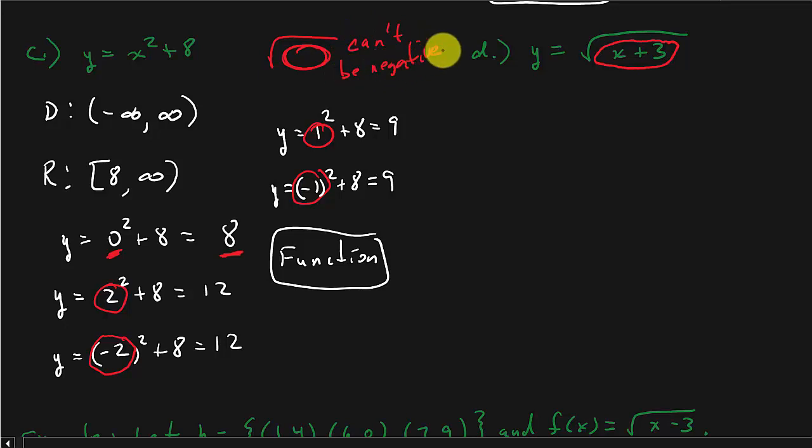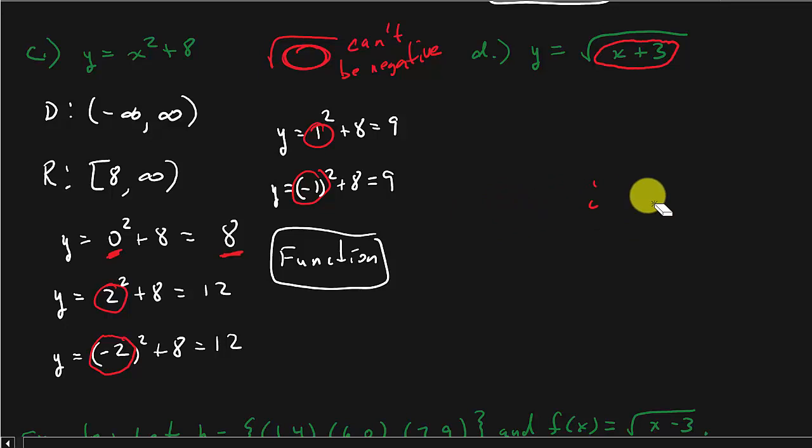We can't take the square root of a negative number. You saw that in the lesson on complex numbers. Remember, if you had, say, the square root of negative 4, that was what? 2i. Remember that the square root of negative 1 is i.